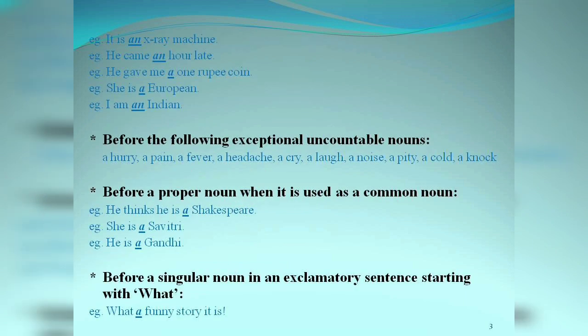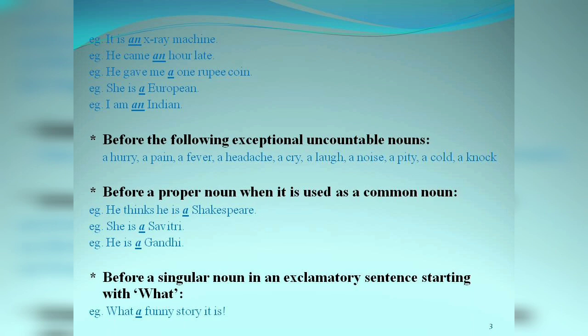Next sentence, it is an X-ray machine. X-ray machine is a singular noun, and when we say X, it starts with an E sound, which is a vowel sound, therefore we have written here an. Similarly, he came an hour late. The word hour starts with an O sound, which is a vowel sound, therefore we have written here an.